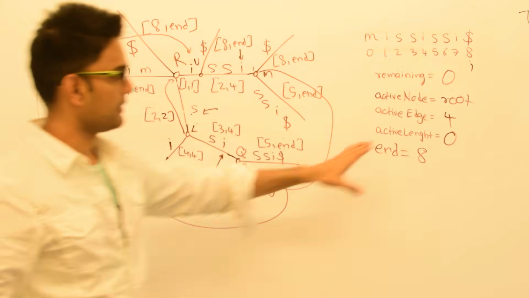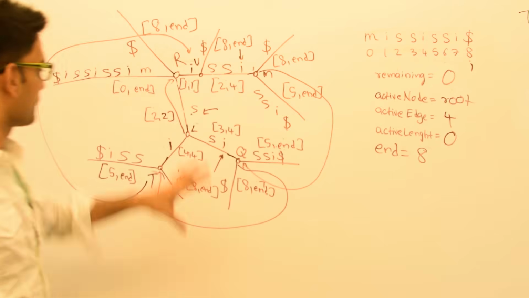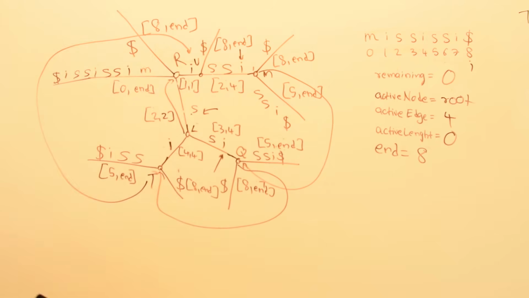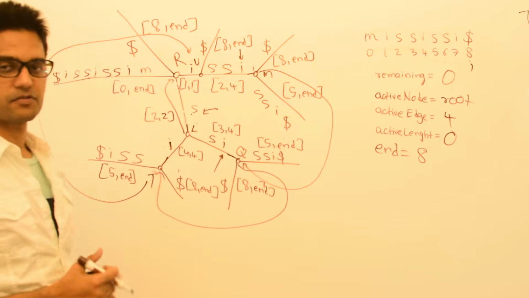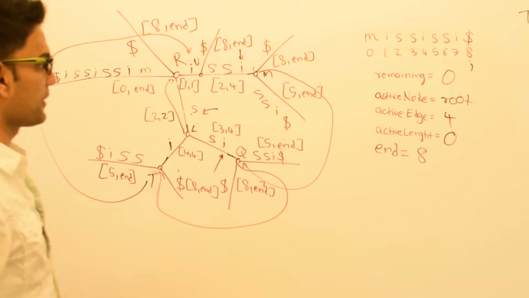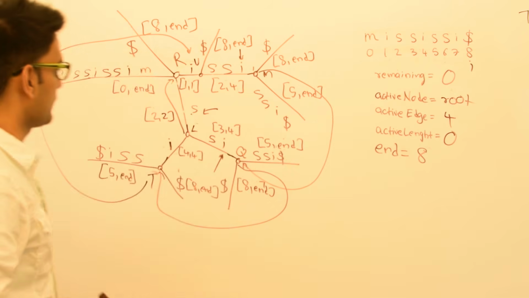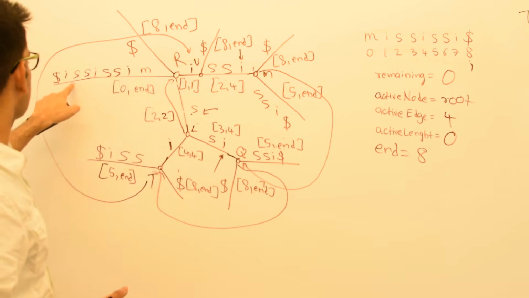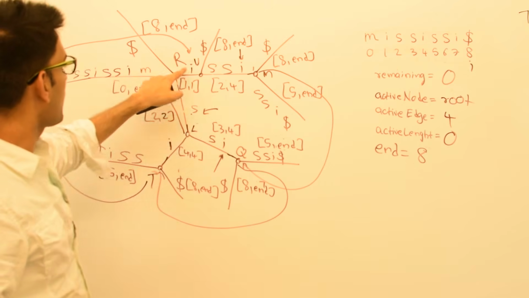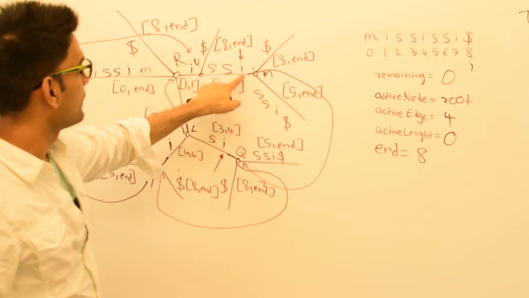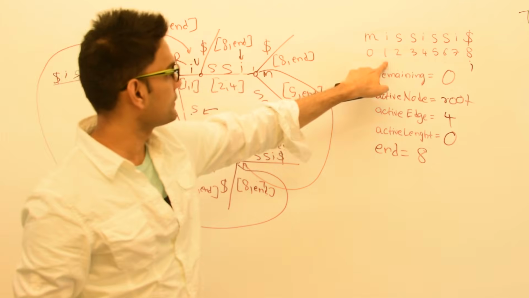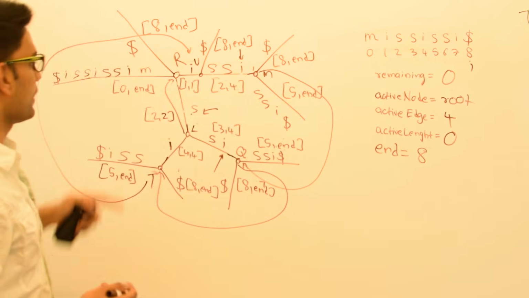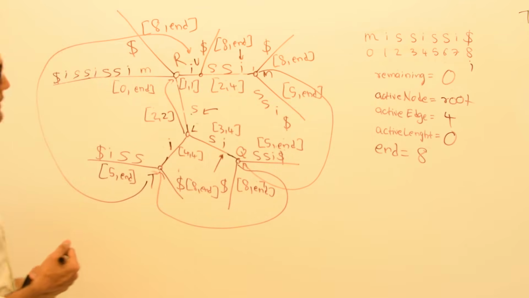So a lot happened in phase 8 and we created this entire suffix tree by the end of it. And this suffix tree is a true suffix tree. Let's verify that all our strings are taken care of. $, then $, so this is good. Also let's add the suffix index.